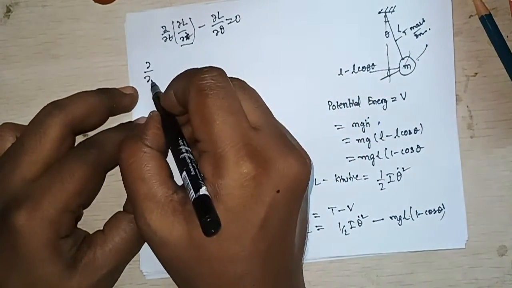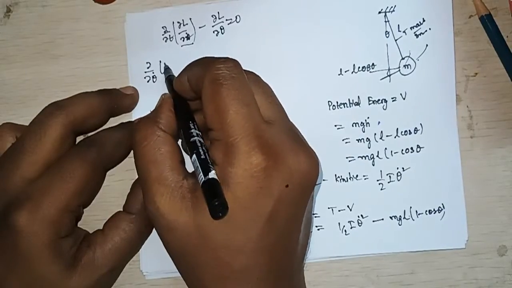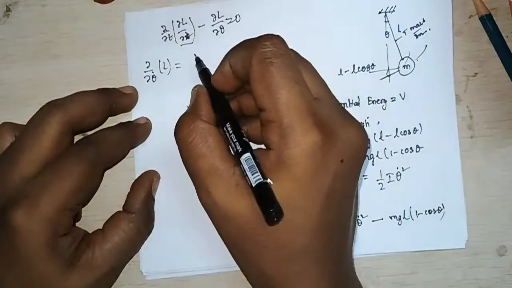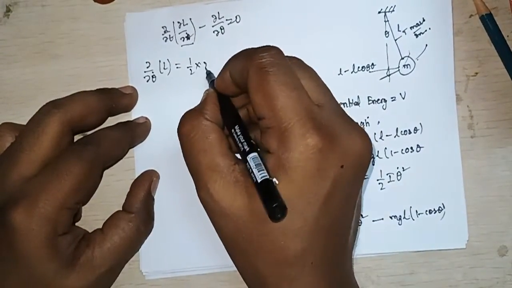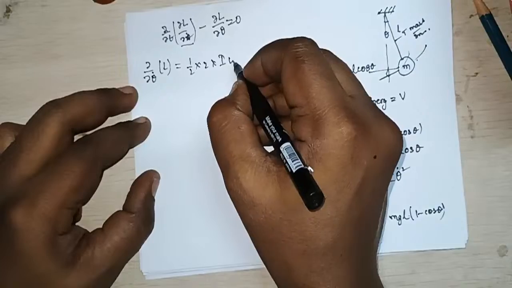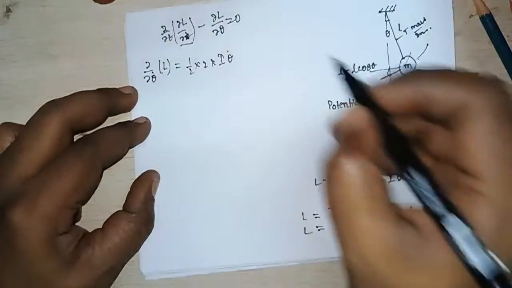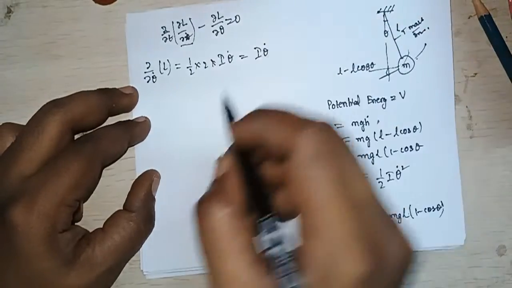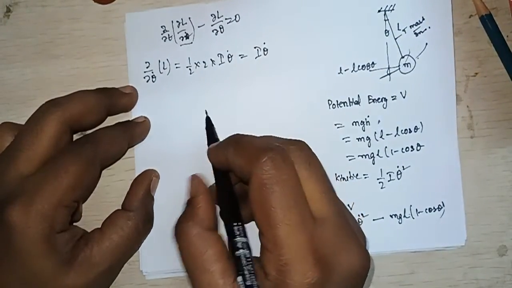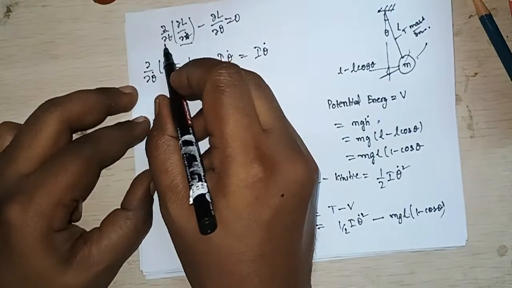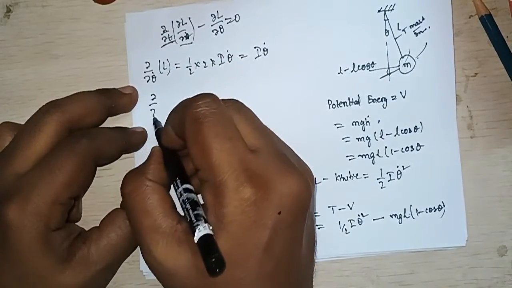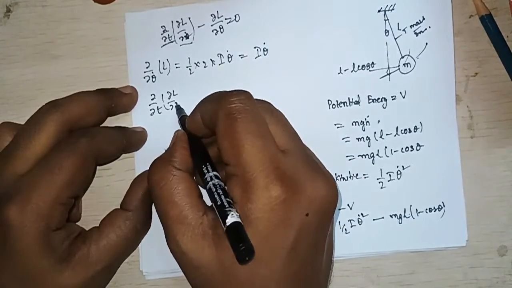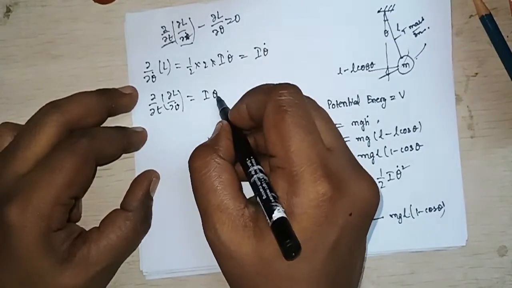Differentiating L with respect to theta dot, we get half into 2 into I theta dot, that is I into theta dot. Now what happens if I differentiate with respect to time? D by dt of this entire dL by d theta dot, what you get is I into theta double dot.